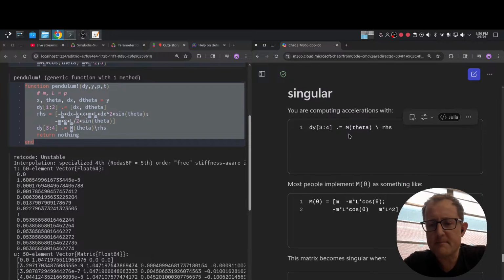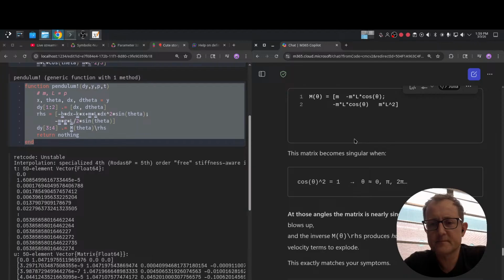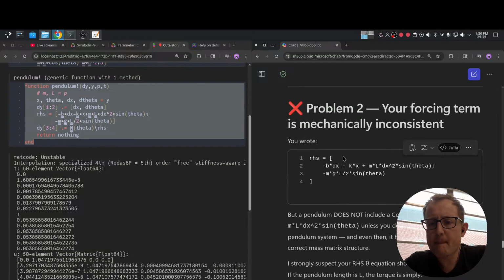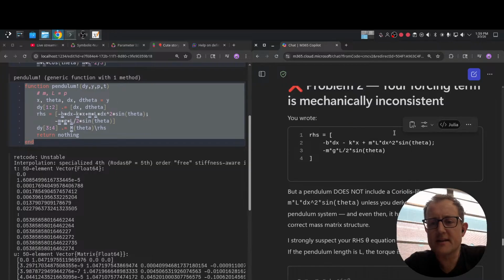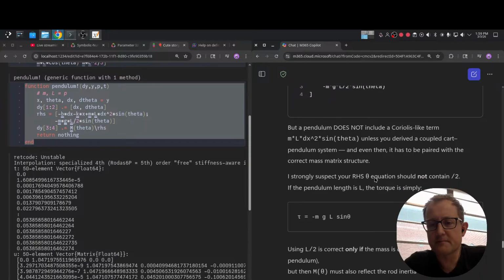I mean, maybe that's singular, but I really don't think so. Your forcing term is mechanically inconsistent. Is that true? It does have a Coriolis term.